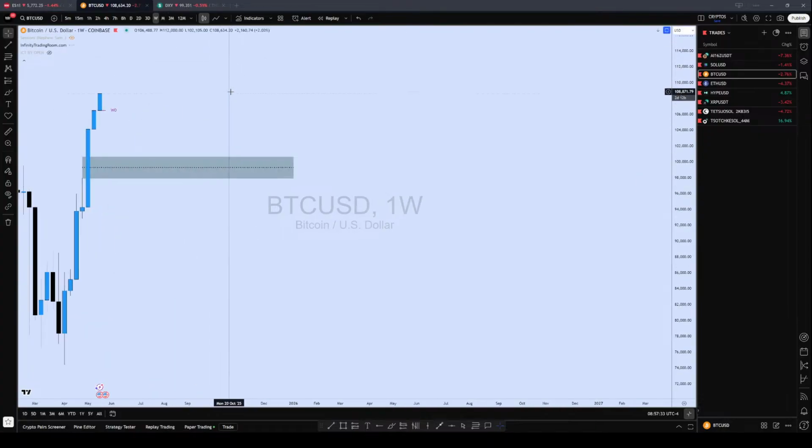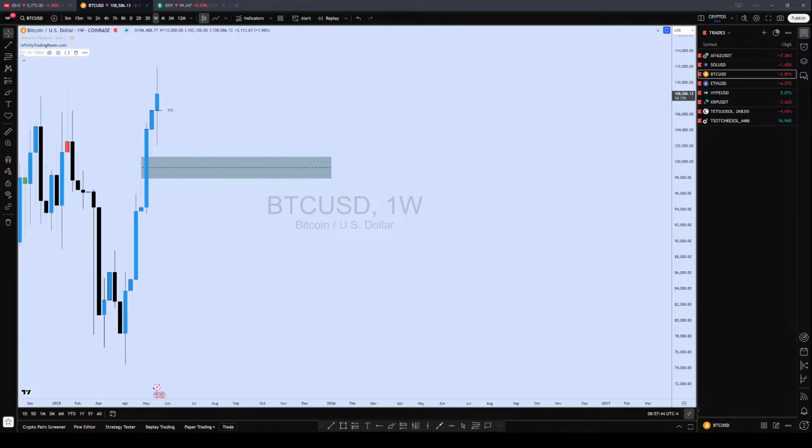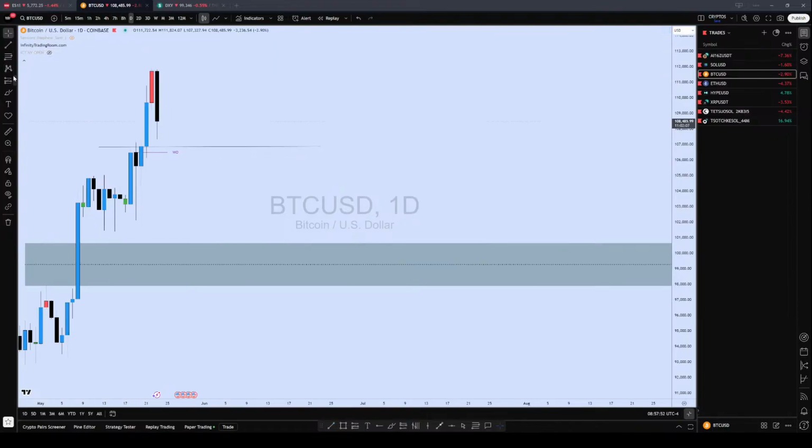All we need is for this week to close. We don't want it to come back and reject. It's good that it's pulling back, but we don't want it to reject and become a previous week high. We don't want that. So with the rejection happening right now, we need to sustain this gap.